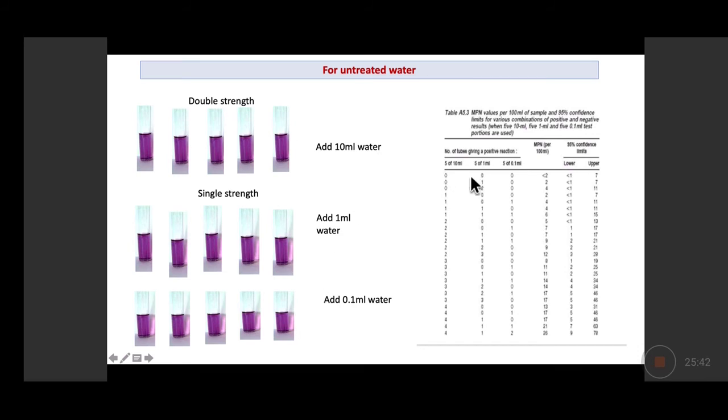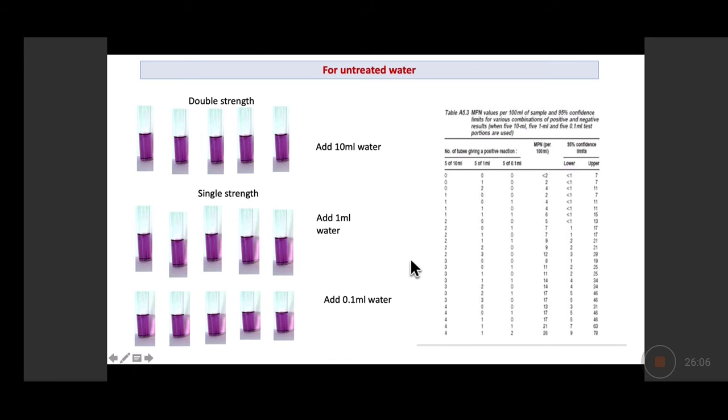So in this, we will see the growth, and we will see the number of tubes which are giving positive reaction. So in each set, we will see how many tubes are giving positive reaction, and accordingly, we will take the reading, and we will detect the most probable number which are present per 100 ml.